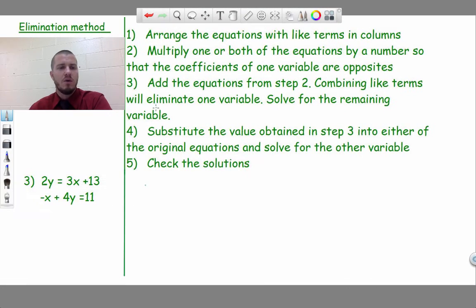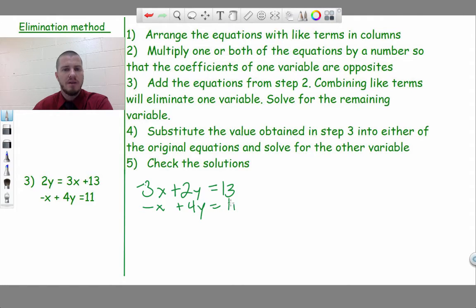I'll go a little slower with this one. So the first step is to arrange the equations with like terms in columns. And what I like to do is get the x first, then the y, then the constant. So what I did, I subtracted 3x. So I have negative 3x plus y equals positive 13. Negative x plus 4y equals 11.